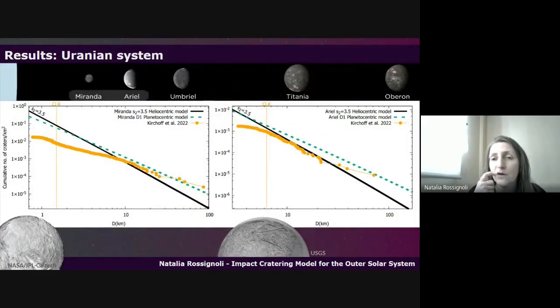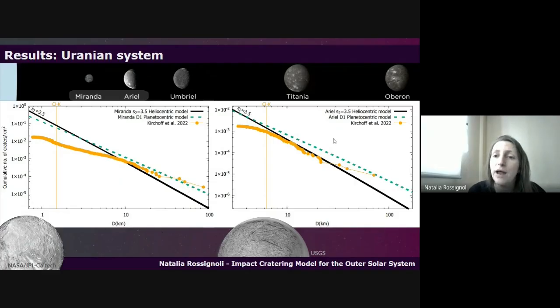So in the case of Miranda and Ariel, the innermost classical satellites of the system, we see here in black our modeled heliocentric model, and in dashed lines we see the best case scenario of our planetocentric model. So as you can see here, this is explaining better already the larger craters on Miranda.